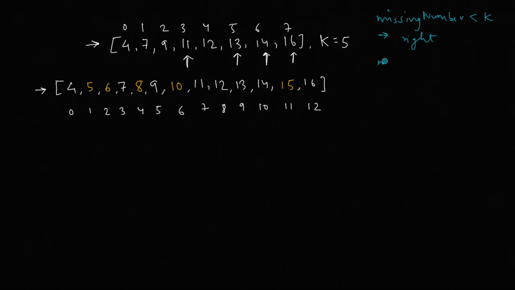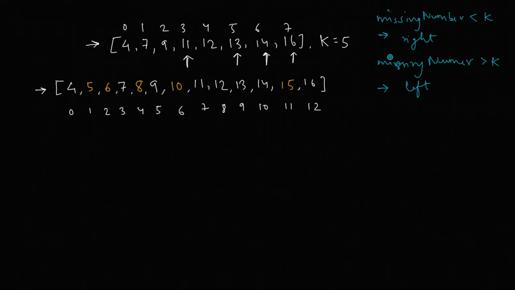That is how we've been searching so far. And if the missing number is greater than k, then we move our search to the left side. That is known for sure.